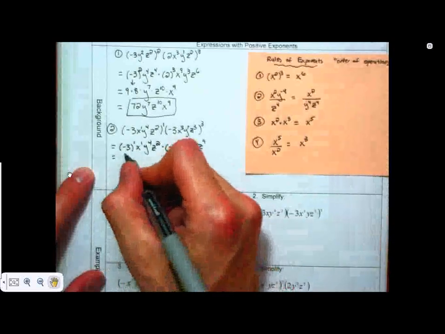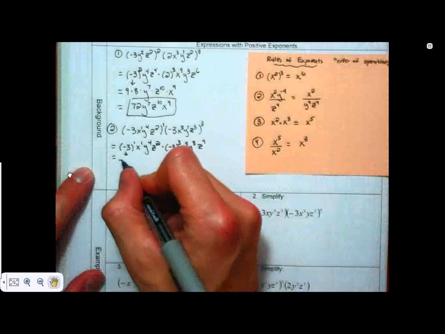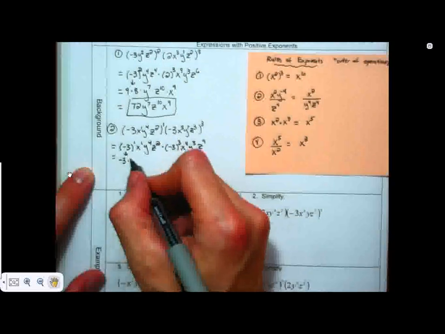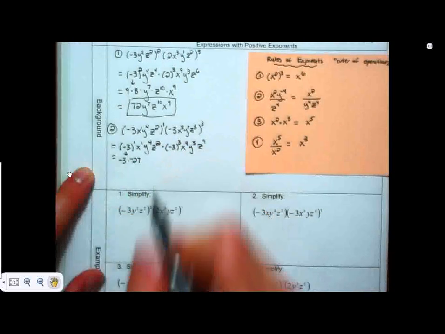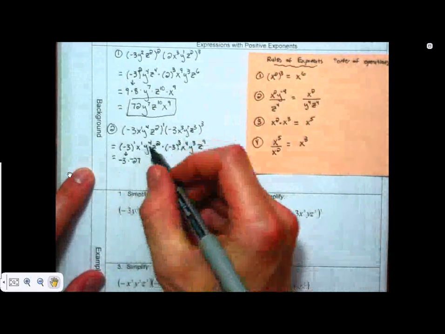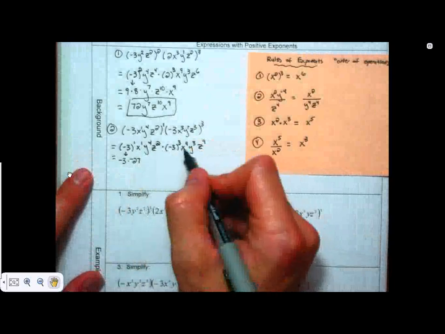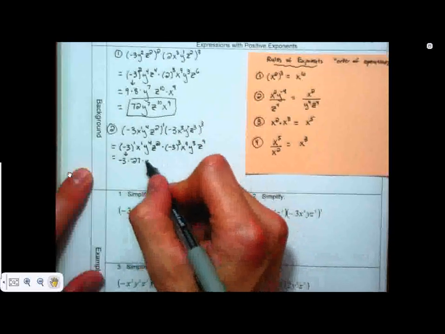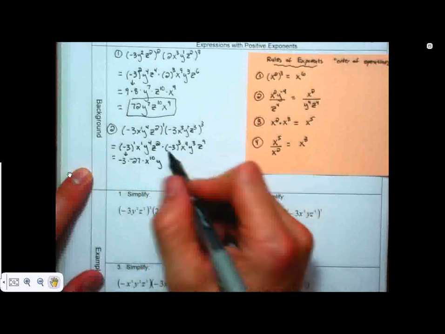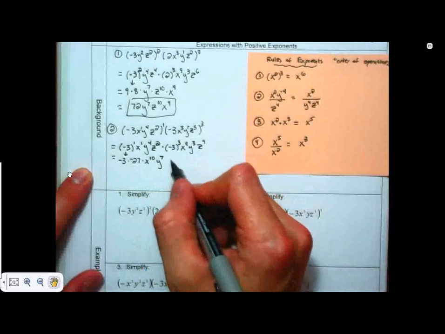So this is a step where I take care of my coefficients. So -3 to the first is -3. -3 to the third is -27. Okay, notice I'm being very careful with my signs here. And then we've got x to the first times x to the 9th. If I add those exponents together, it gives me x to the 10th. Y to the fourth times y to the third, adding those exponents gives me y to the 7th.